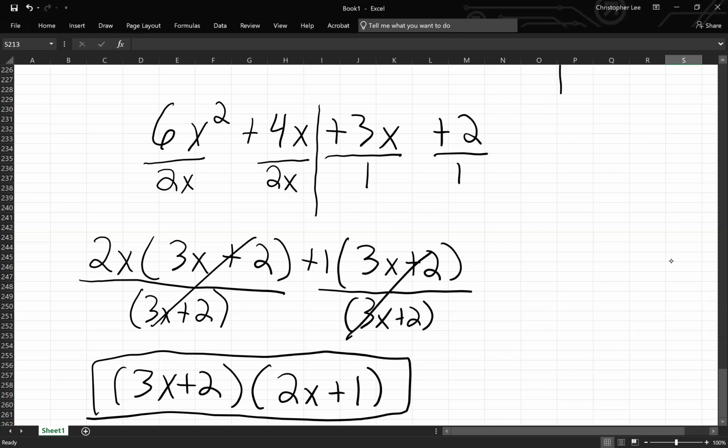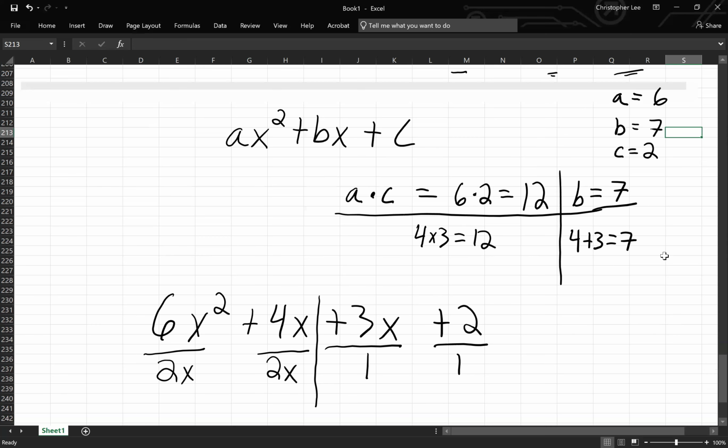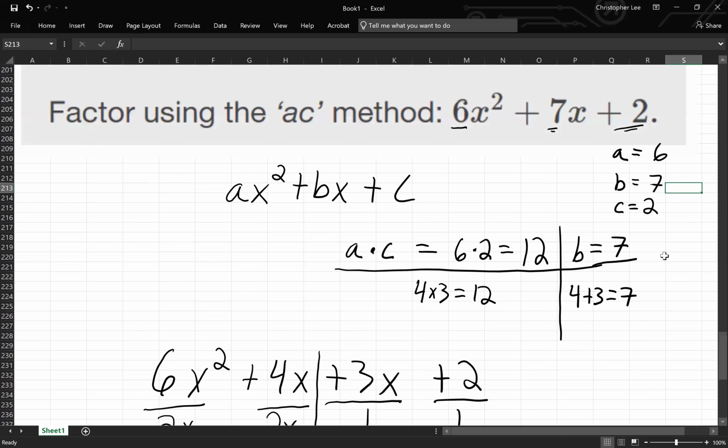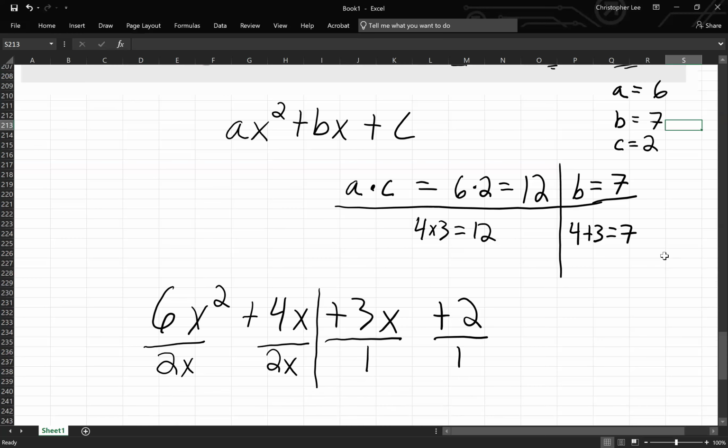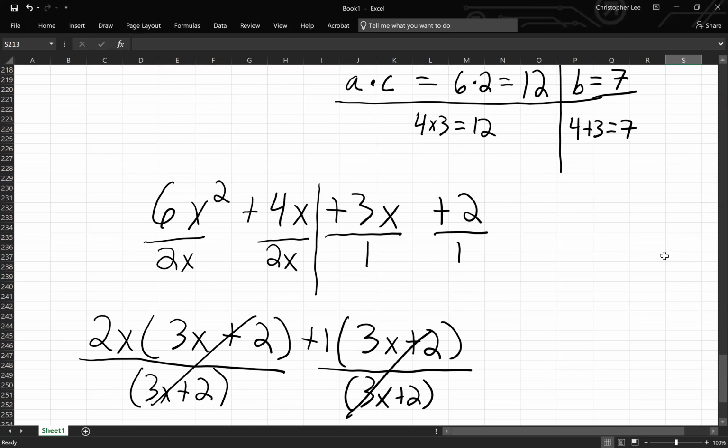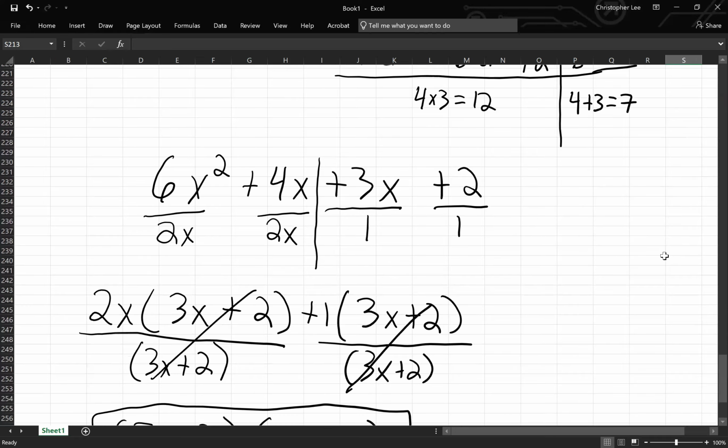You want to try one? All right, go ahead. Want me to scroll up or you good? All right, go ahead. And this is the bottom part right here.